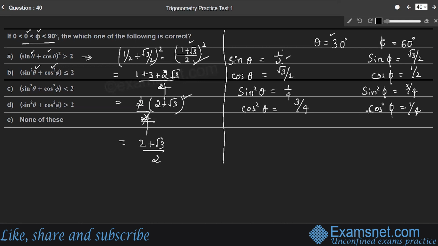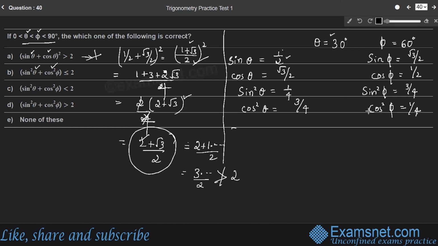Root 3 is 1 point something, so the answer is 2 plus 1 point something divided by 2, which is 3 point something by 2, so you will get 1 point something. That is not greater than 2. So the first option is not correct.